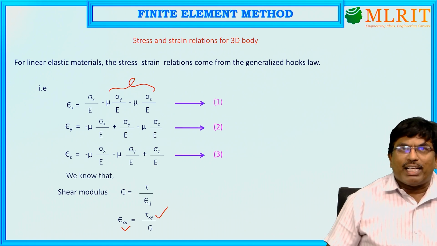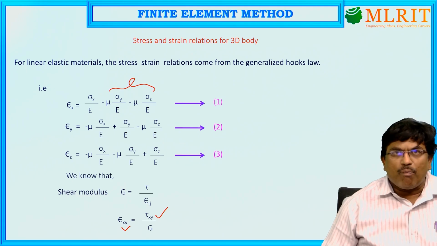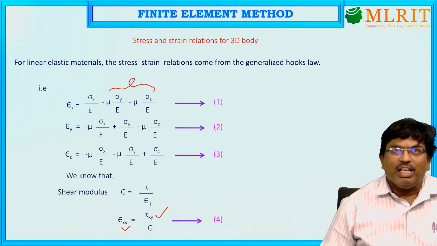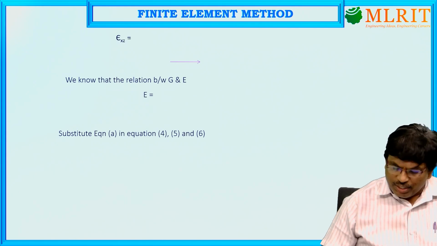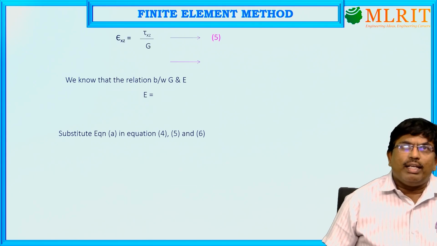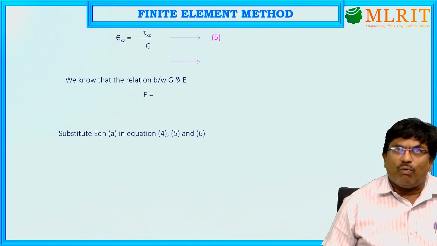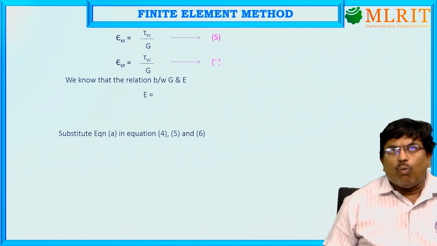So epsilon xy equals tau xy by G. Similarly, epsilon xz equals tau xz by G and epsilon yz equals tau yz by G.